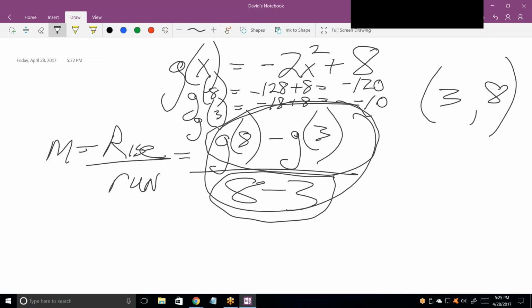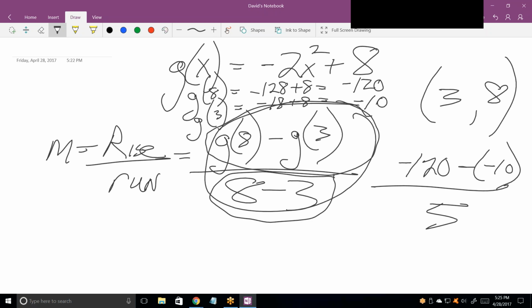Negative 120 minus 10 over 5. Good. Way to not drop a negative sign. That's exactly what you wanted to do, make sure you get every single negative sign. That's minus 110 over 5, which is minus 22.